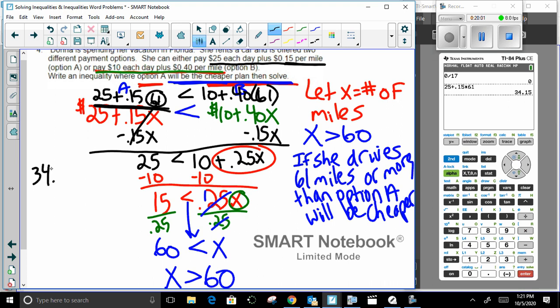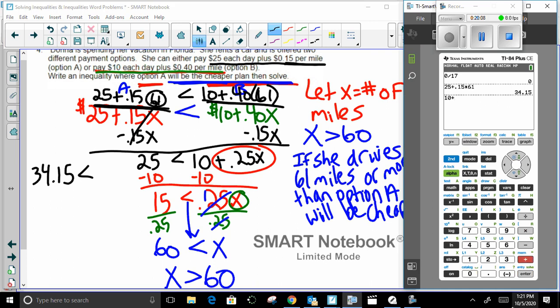Is that going to be less than this side right here? 10 plus 0.40 times 61. Well, that's going to be 34.40.